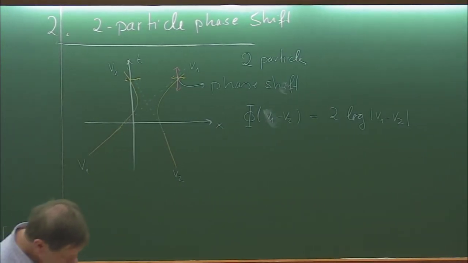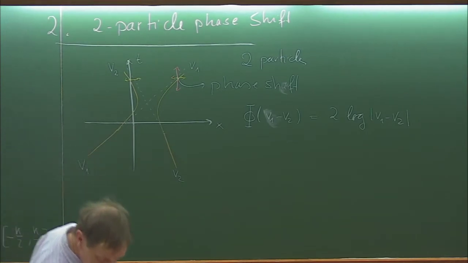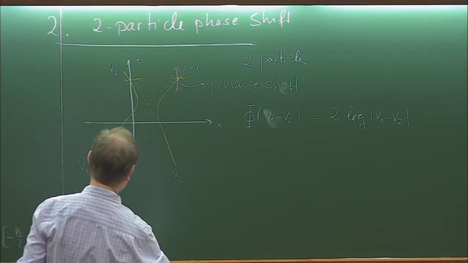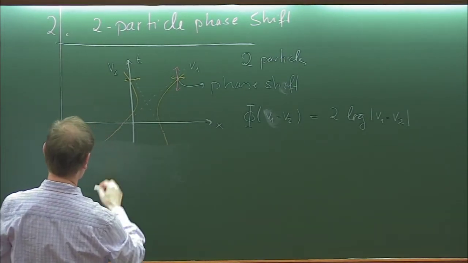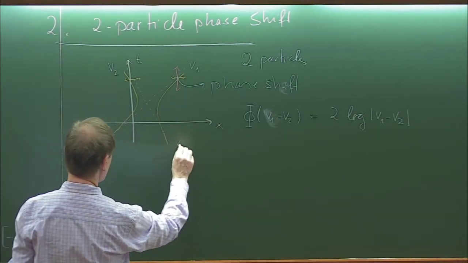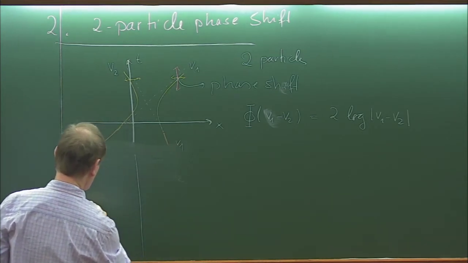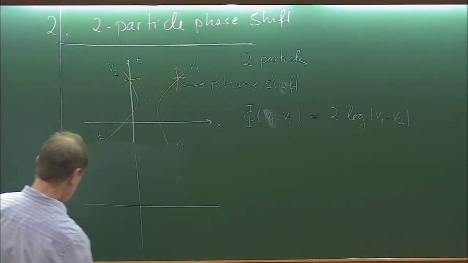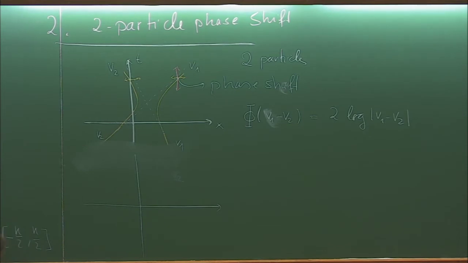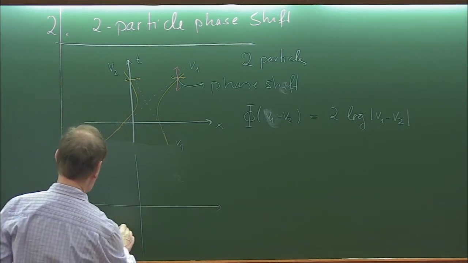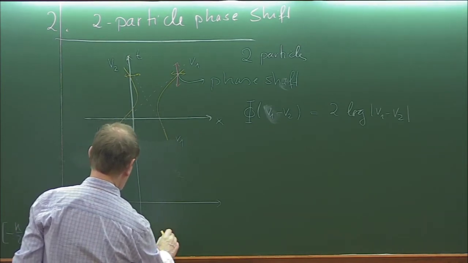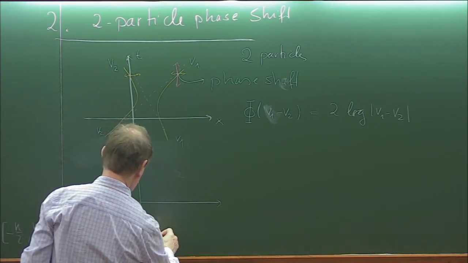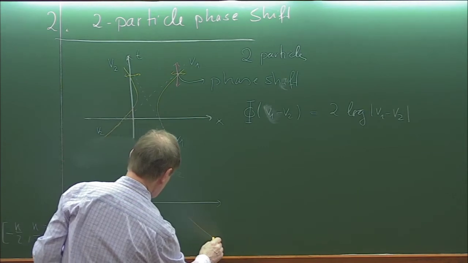Okay, and now I want to do the same thing for several particles. So maybe I allow myself to erase this a little bit and keep here the v2 and the v1. Now I want to do the same thing for 3 particles. They are coming in. Maybe this one is coming in, this one is coming in, and then maybe there's another one coming in here.